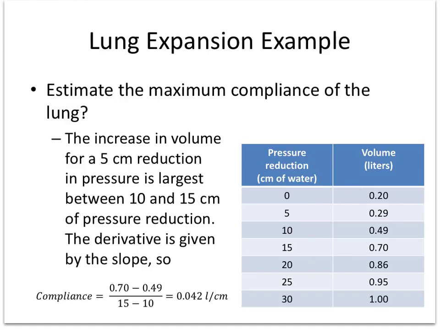I probably would pick this largest reduction of pressure, and then all you're doing is finding the slope. So in other words, you're finding the derivative, and this is what you guys are doing on your tables, where you're taking these points and figuring out which one's your Y, your change in Y over your change in X.